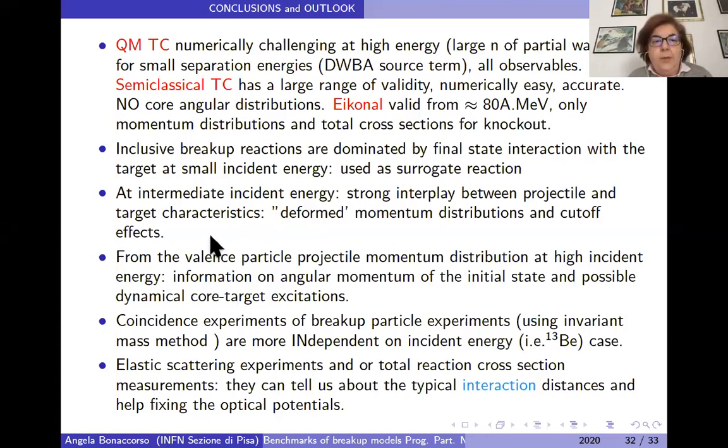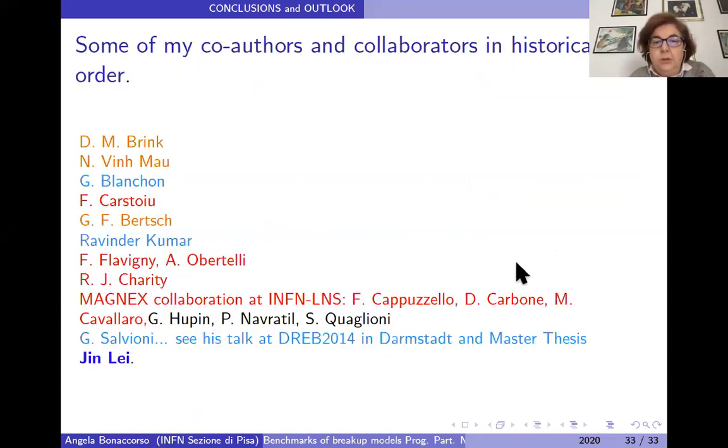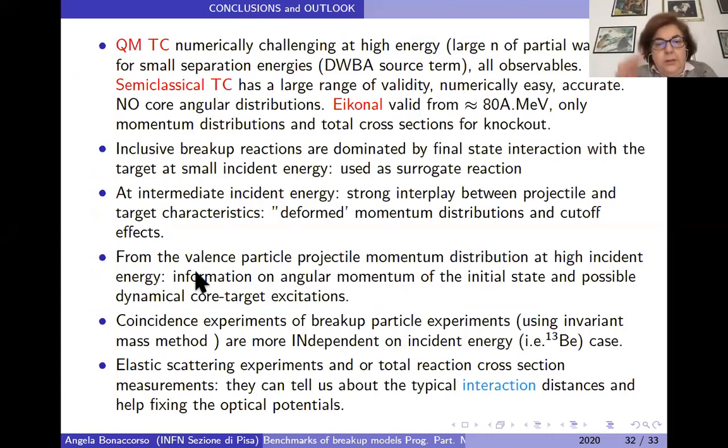So one can get deformation and things like that of the final spectrum. If the energy is high enough, like when the eikonal is valid, then from the measured momentum distribution one can get information on the valence particle state, because these shapes are different depending on the initial L of the valence particle.